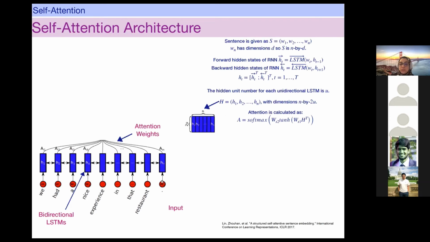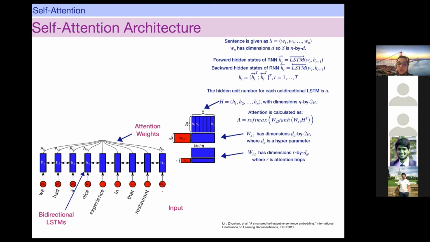We're going to multiply this hidden state with attention weights using this operation here. So what does this operation do? Basically it takes these hidden states, multiplies them by this weight matrix, WS1, passes through a tanh, multiplies through another weight matrix, and passes it through a softmax. It uses a softmax to make sure that all of these weights are between 0 and 1.